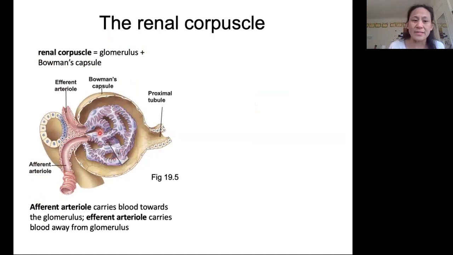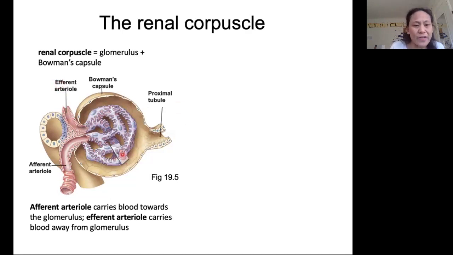Remember, the glomerulus is a capillary bed, okay? So blood's going to move through the afferent arteriole into the glomerulus, and then any blood that doesn't filter out of these capillaries into Bowman's capsule is going to continue on and leave through the efferent arteriole, okay?